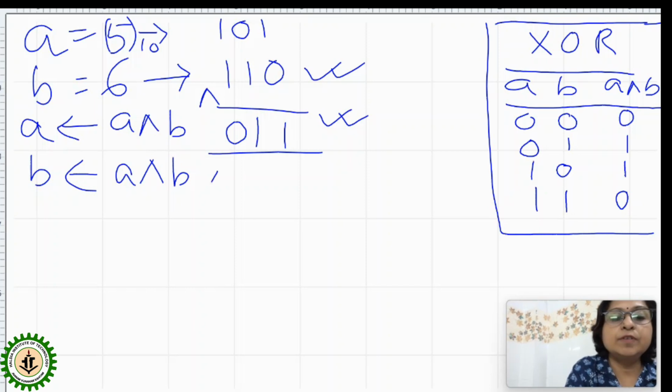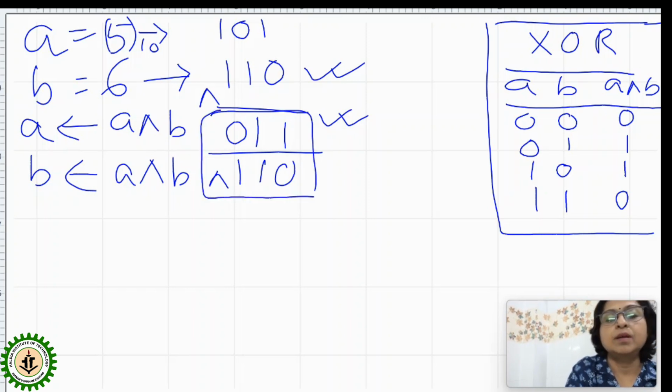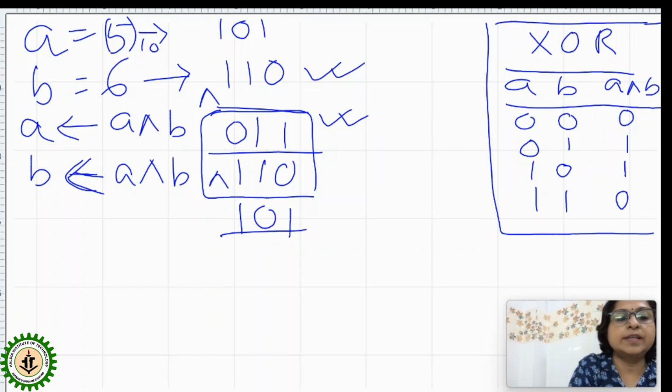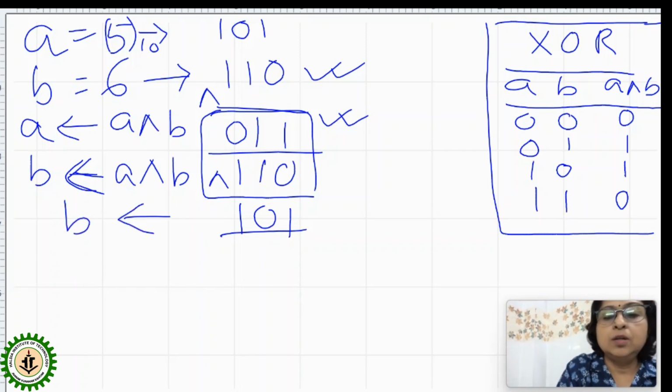So again we do the XOR operation with 110, and we keep the result in B. So let us do the XOR: 011 with 110 gives 101. It is kept in B. Look, what is the decimal equivalent of this 101? It is 5.